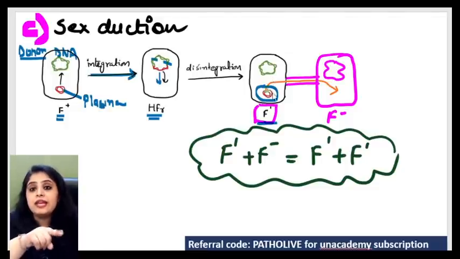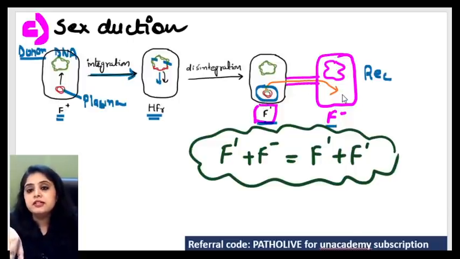Guys, when F prime conjugates with F negative, can you see this is the recipient F negative, it doesn't have a plasmid. When F prime replicates and goes into F negative, this also becomes F prime. So can I say that when F prime and F negative recombine, both of them end up becoming F prime? Let us do a quick revision.